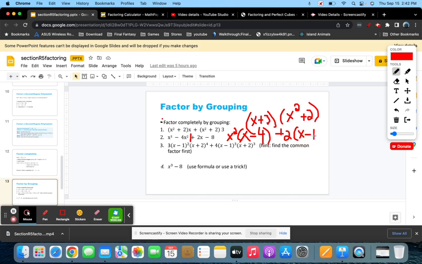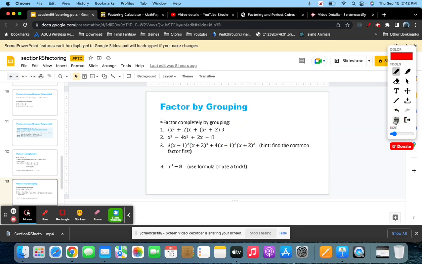So we just need to put those two together: x squared plus 2 in one parentheses, x minus 4 in a separate parentheses. So that would be factoring that group.